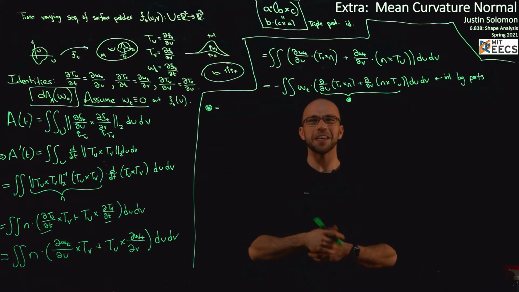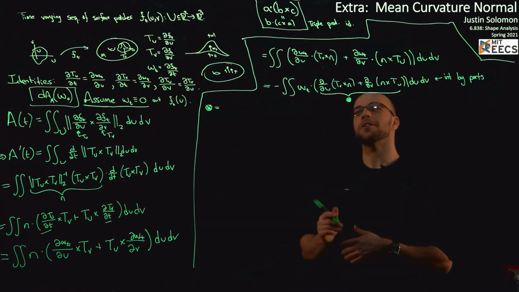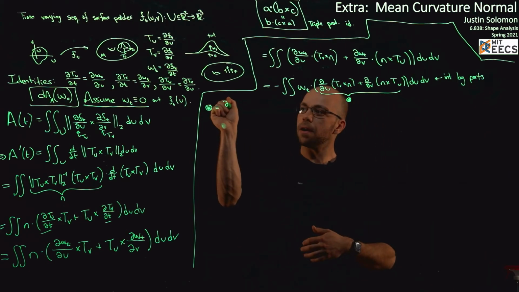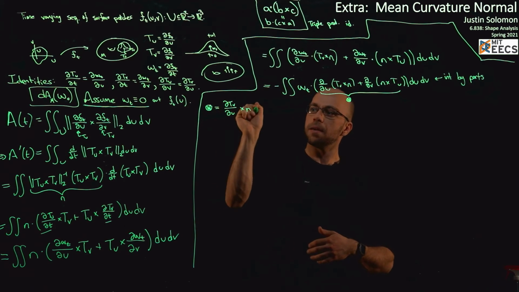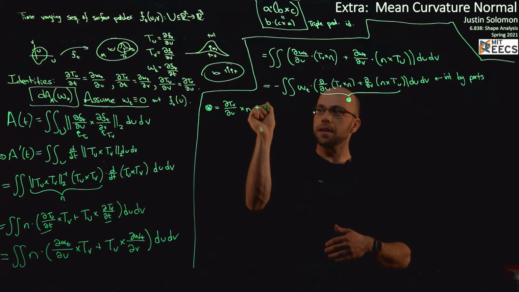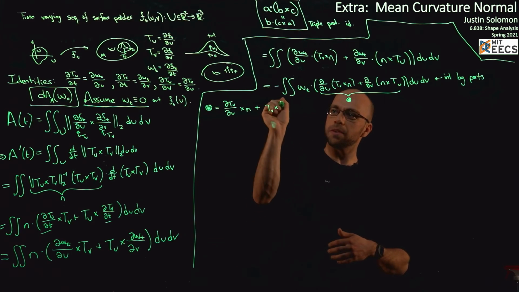We'll follow the Toucan Sam approach to mathematics. So if we apply the product rule to the first term, we get the partial derivative of tv in u cross product with n plus tv cross product the partial derivative of n in u.